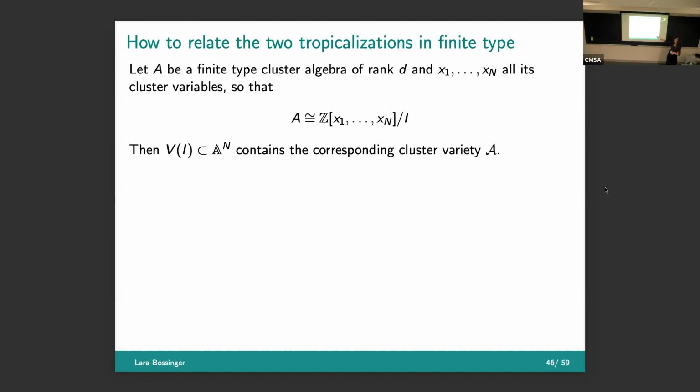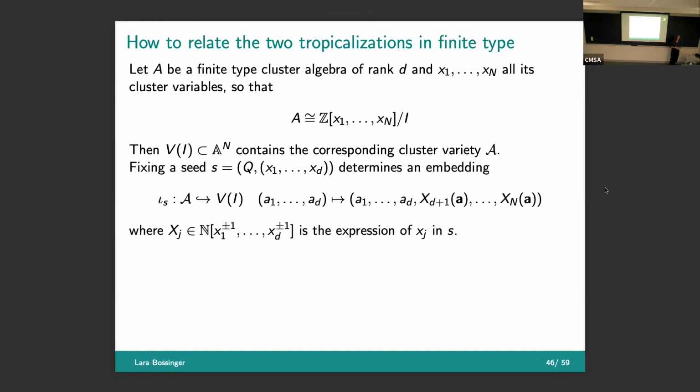So that my cluster algebra is actually isomorphic to this quotient of a polynomial ring. This ideal I always contains the exchange relations. Well, we had this question yesterday. It's a bit bigger: it's a saturation of the ideal generated by exchange relations. And then the vanishing set of this ideal contains the cluster variety. This is now an honest affine algebraic variety, and my cluster variety sits inside of there.